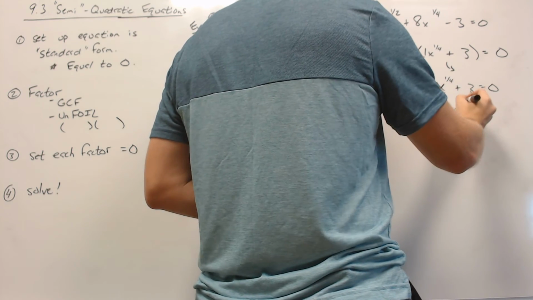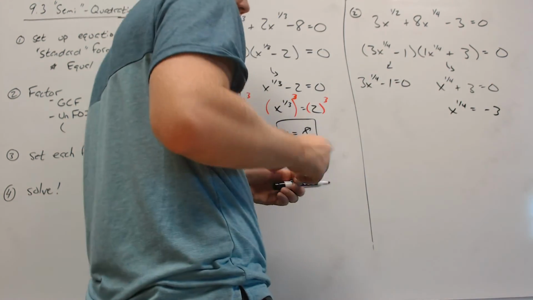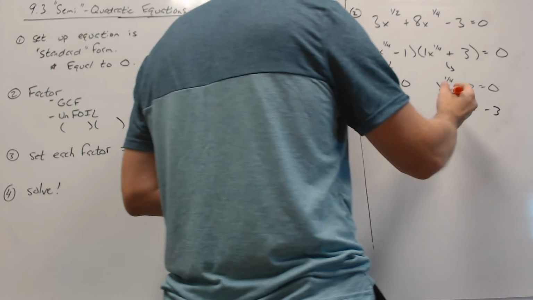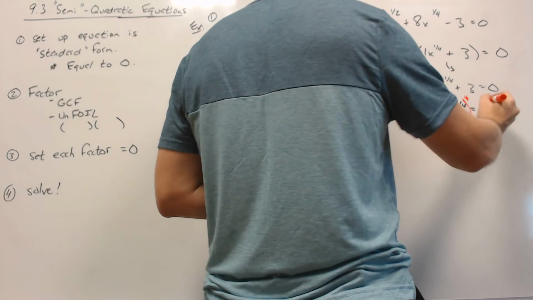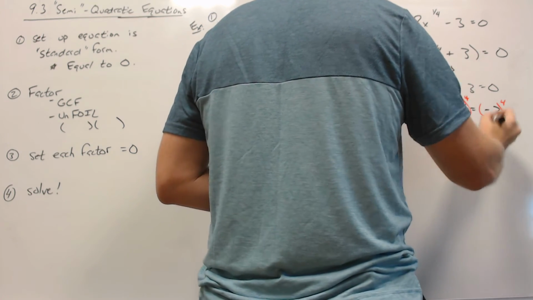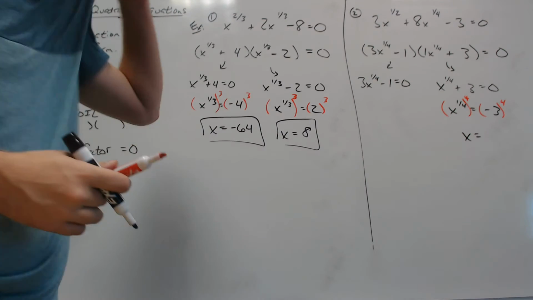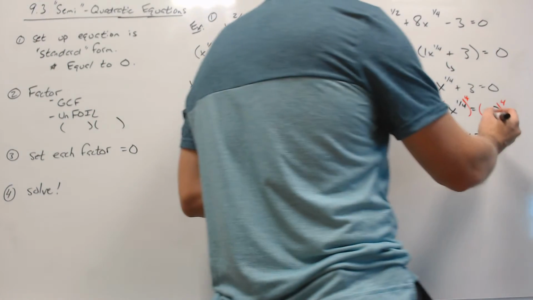So x to the 1/4 equals -3. And again, we can raise this to the power of 4, which is going to help cancel out the exponent. -3 to the 4th. 3 times 3 is 9. Times 3 is 27. Times 3 is 81.